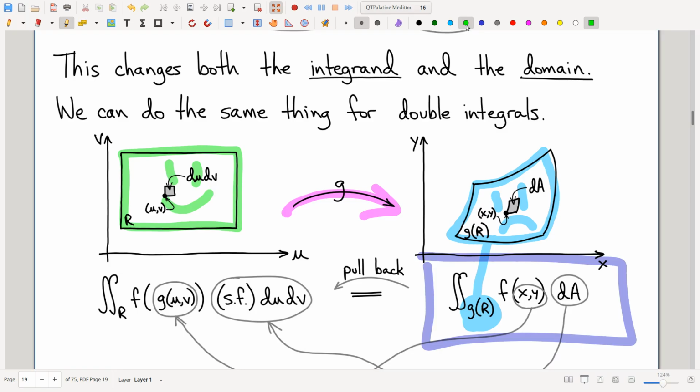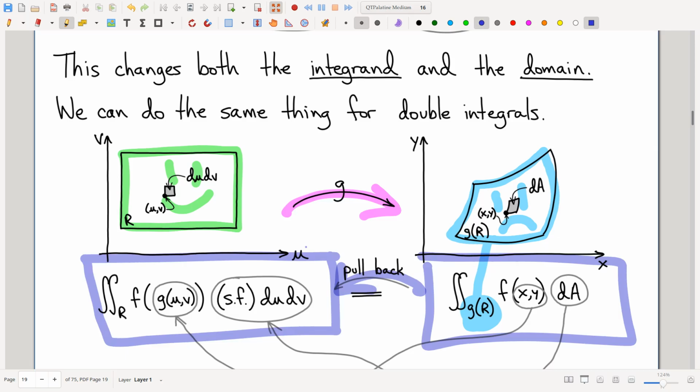The pullback process of just plugging in will produce an integral whose domain is your preferred pullback domain in green there. All you've got to do is plug in exactly like you would expect.